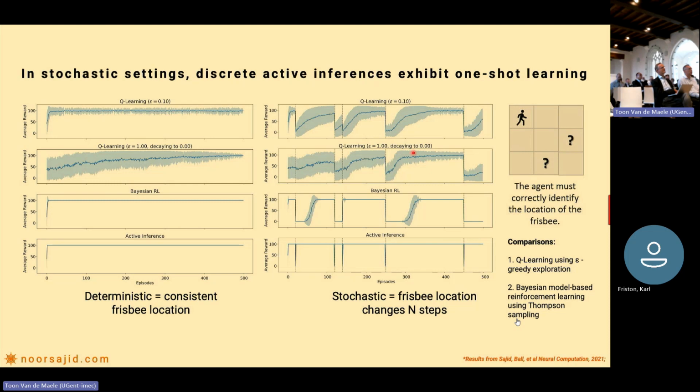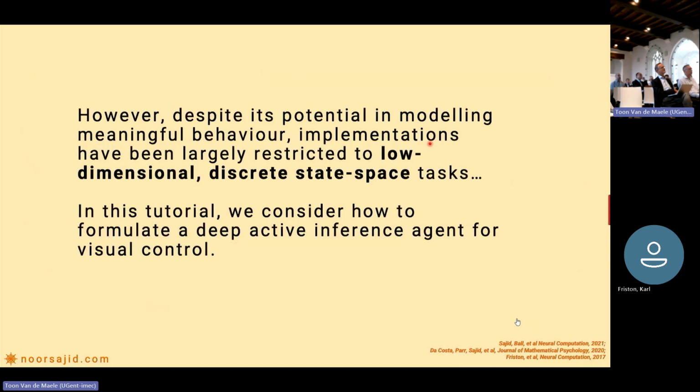This doesn't happen with the other two algorithms because they have to unlearn and then relearn what has shifted in the environment. So that was quite nice to see. And it spoke to the potential in terms of modeling meaningful behavior using these types of schemes.